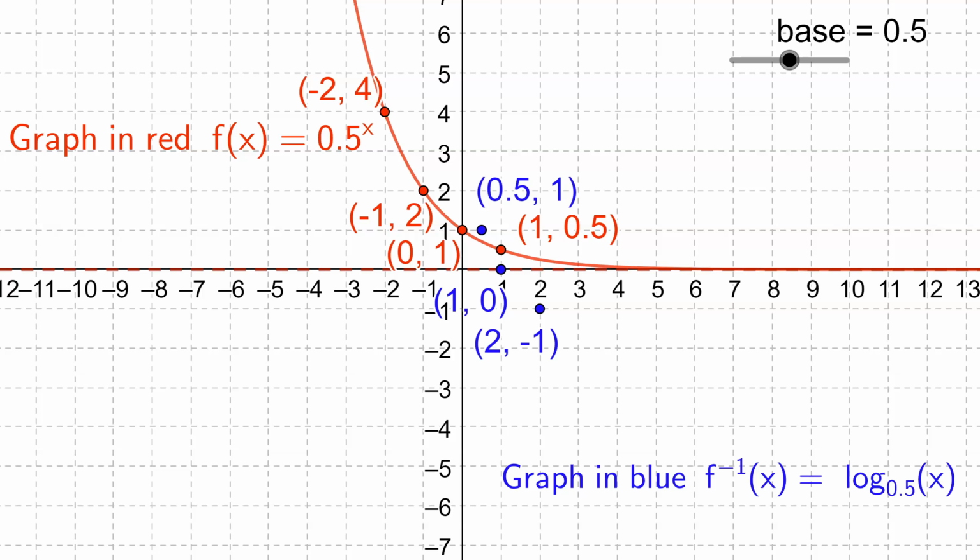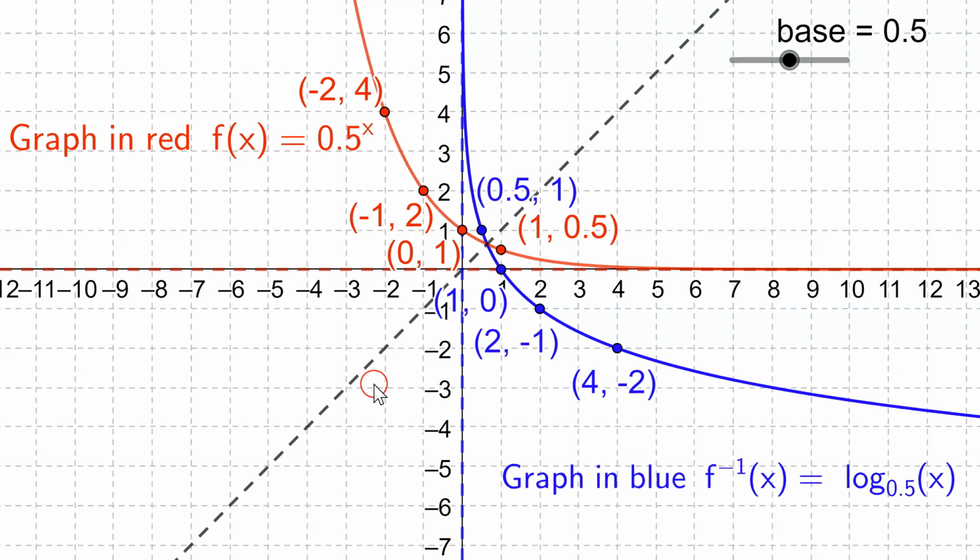So plotting our other points, I get a decreasing logarithmic function with a vertical asymptote of x = 0. And if I graph in the line y = x, which is here in a black dotted line, you can see the red graph and the blue graph are reflections about this line.